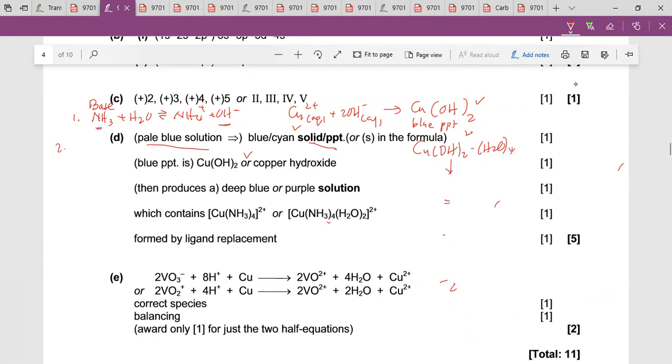Ammonia here acts as a ligand, which means it will displace, it will exchange the water ligands. Excess ammonia, NH3, excess.